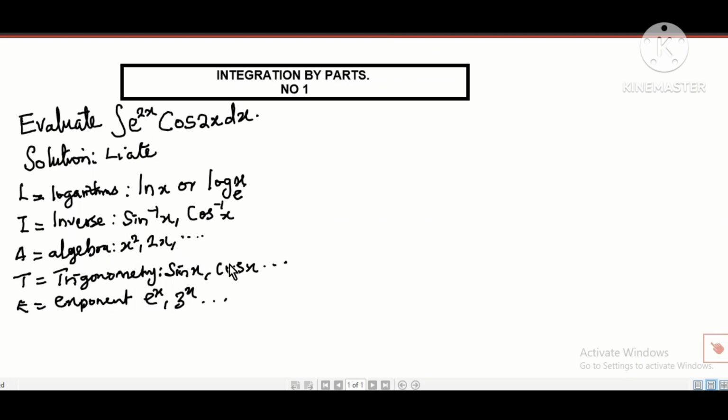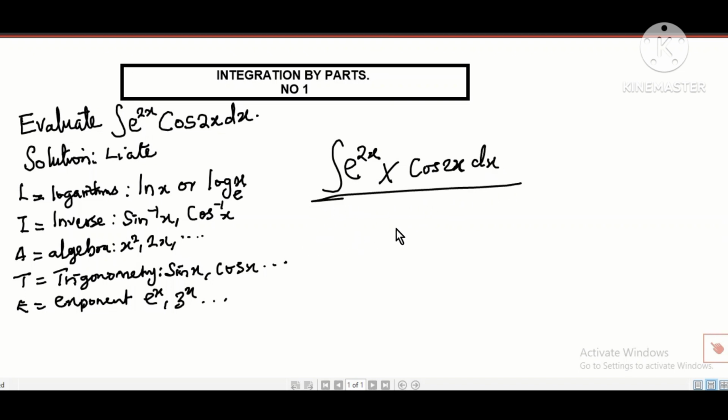Now the question is, how do we use this LIATE in integration by parts? And before I continue, I want you to know that this integration by parts is e to the power 2x multiplied by cos 2x. Before coming here, you must have wondered, what is this integration by parts and how do we apply them?